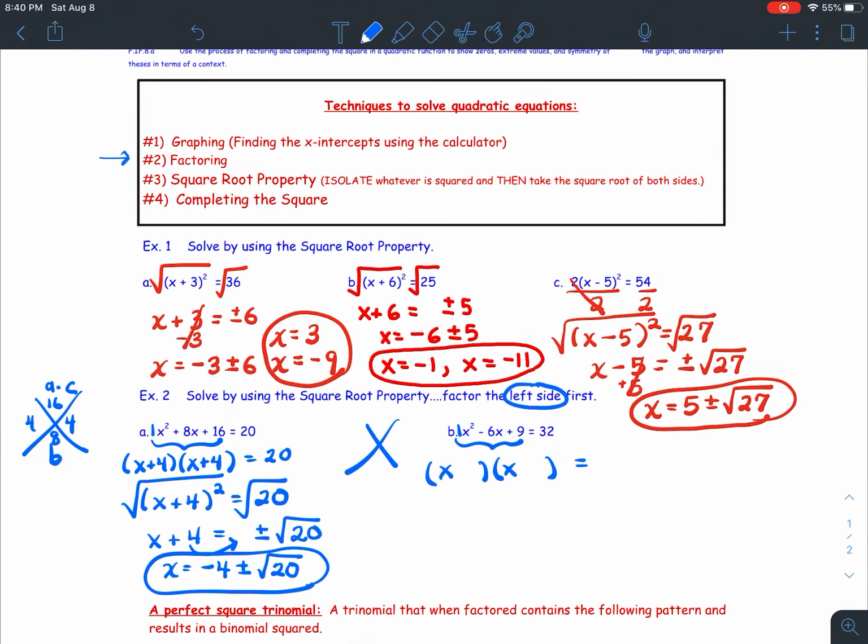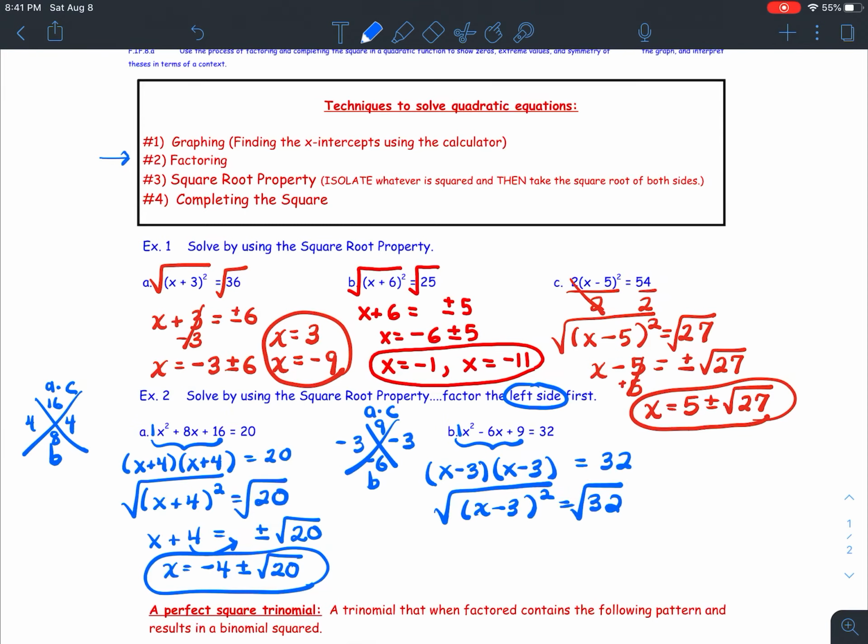Okay, we're just going to leave the 32 on the right side. This also is a trinomial with a lead coefficient of 1. A times c is 9. B is negative 6. The 2 numbers that work for this are negative 3 and negative 3. I fill those in here and then I say, hey, these are the same factor.